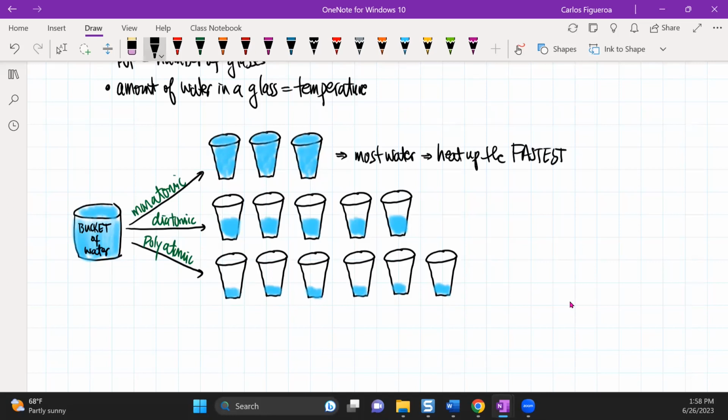This guy has the least water. So that tells me here that it heats up the slowest. And you could see that diatomic is in between here.